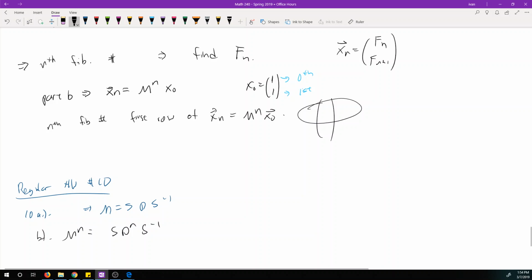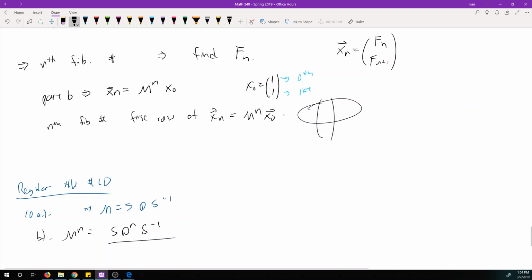Since it's an applied problem, you can use Wolfram, matrixcalc.org, Mathematica, whatever you want. You don't actually have to calculate this by hand.